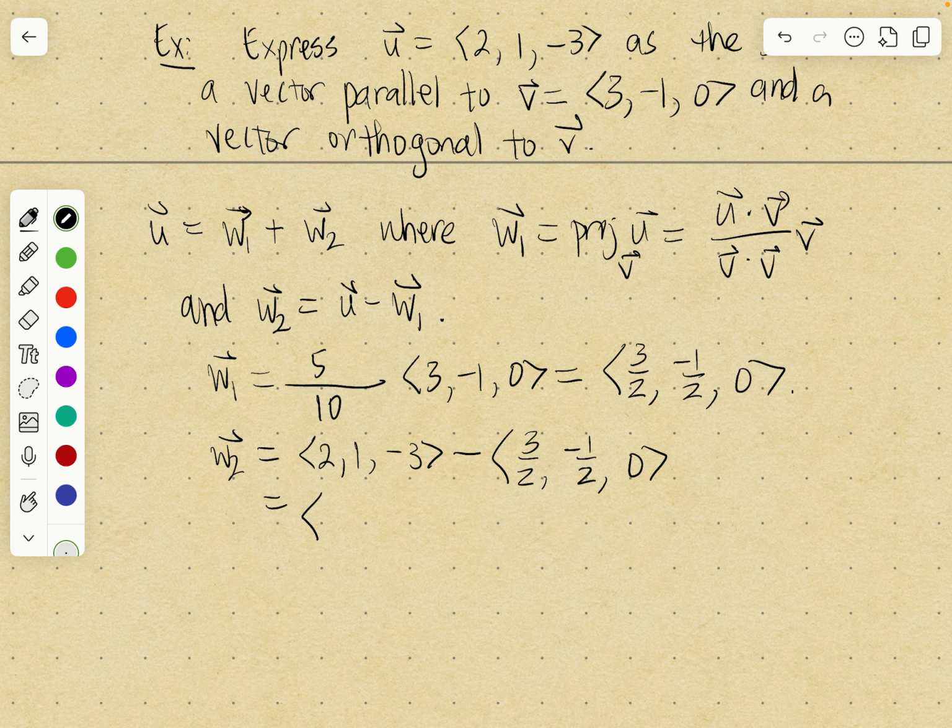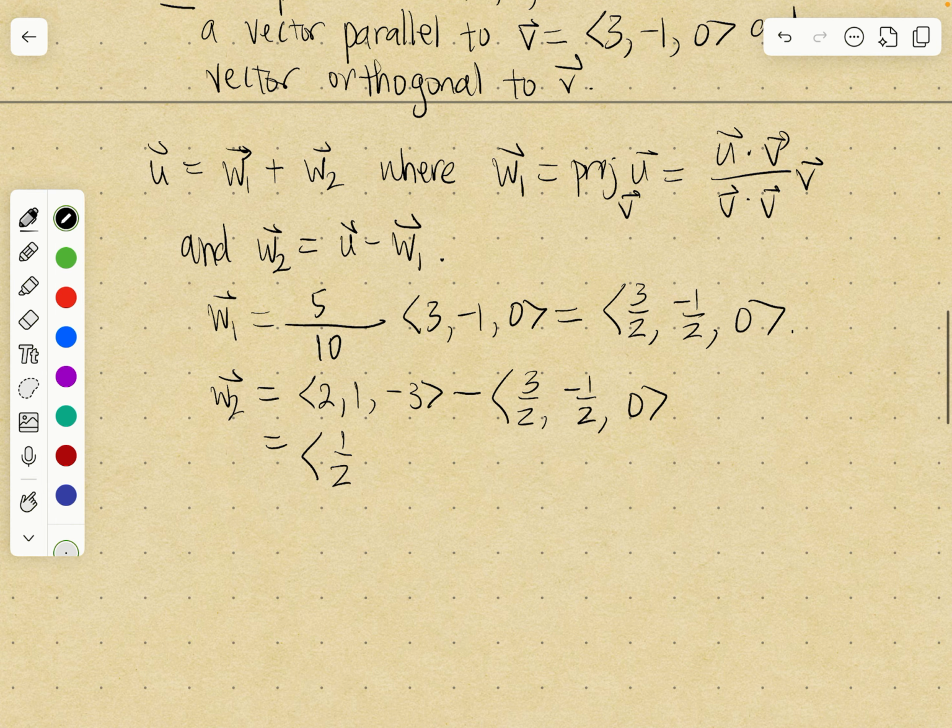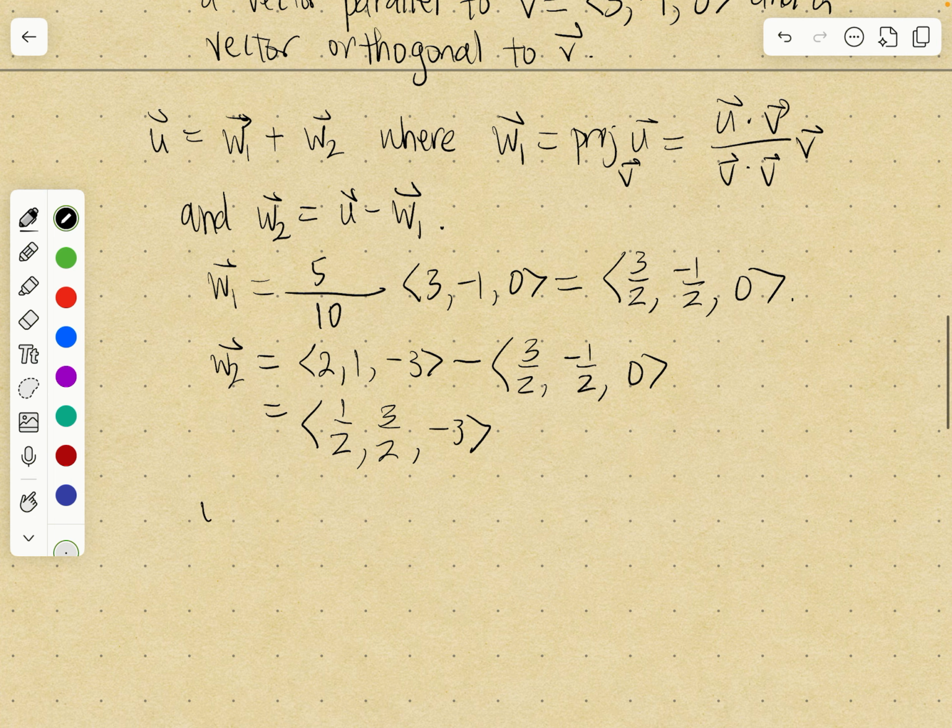And this is equal to 1/2, 3 halves, negative 3. And so U is going to equal W1, that's 3 halves, negative 1/2, 0, plus 1/2, 3 halves, negative 3.